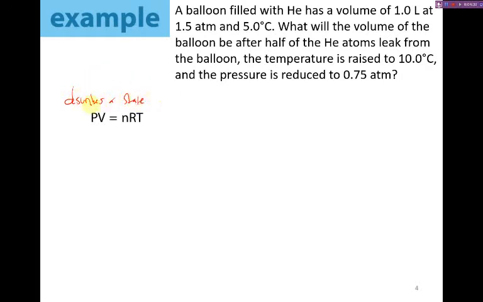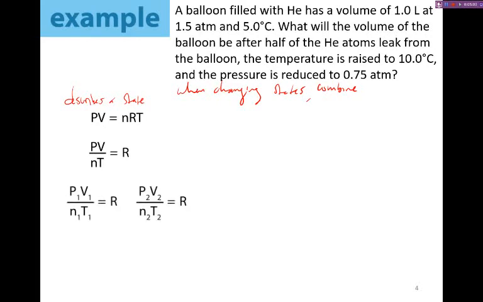So in other words, if you're given the pressure and the volume and the moles, you could solve for the temperature. However, when you're changing states, you need to combine and rearrange the ideal gas law. So because the ideal gas constant R is a constant, we can set up two sets of relationships.